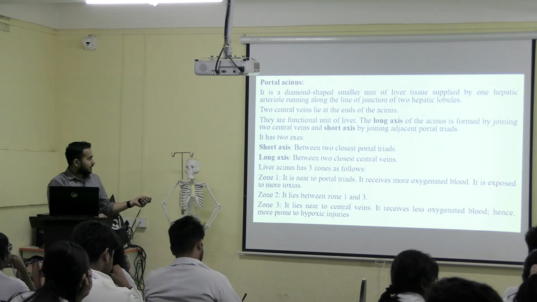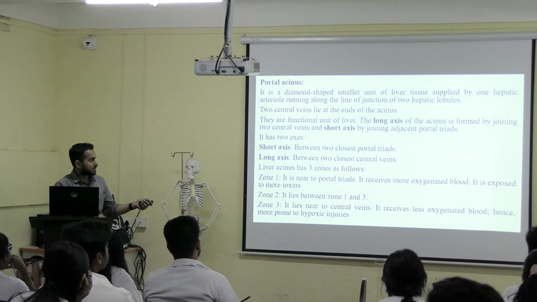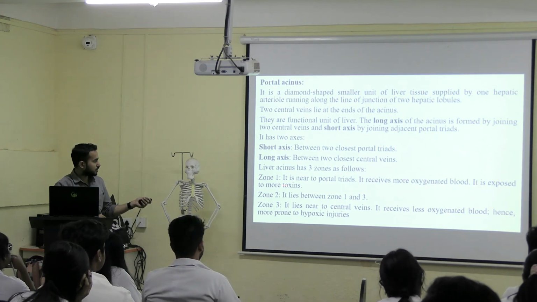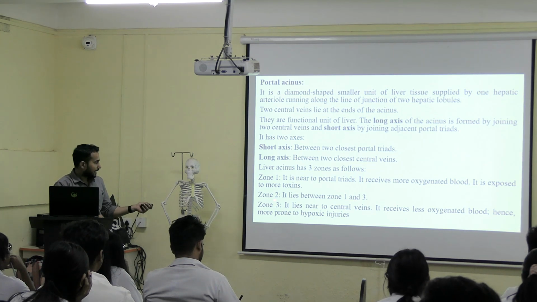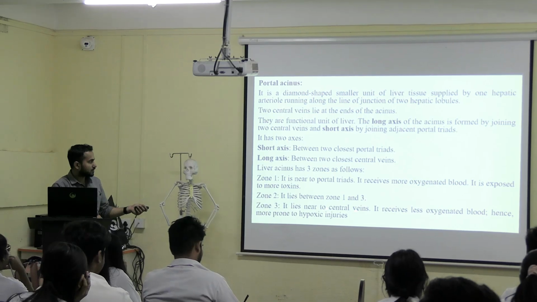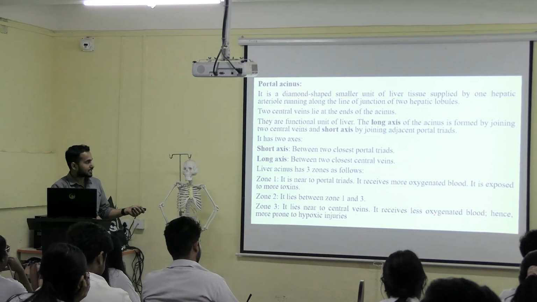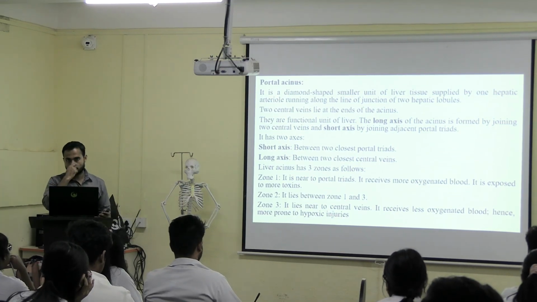First, zone 1 is near the portal tract, so it receives more oxygen, but it is exposed to more toxins coming into the liver through the portal vein. Next, zone 2 lies between zone 1 and zone 3. Zone 3 is near the central vein and receives less oxygenated blood. Injuries are more in this zone.